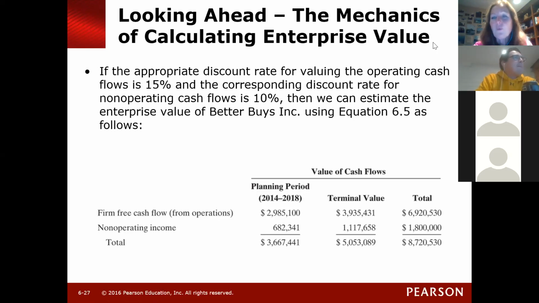Any idea? Well, you know what? I'll come into a couple of the breakout rooms and see how you're doing in a few minutes. I want to give you enough time to play with this one a little bit. And this one requires you to look back to your problem 7. It's based on the common size statements you did in problem 7. So I'm opening up your rooms, work for a little bit, and then I'll come in to see how you're doing before I pull you back into the main room.